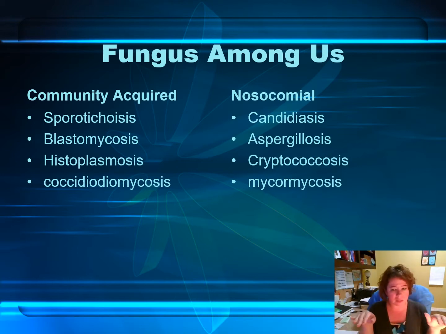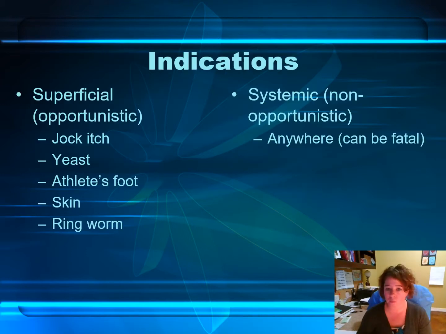If their immune system's intact, we're good. If their immune system's not intact, like in the case of a patient who's got cancer or HIV, then that fungus can become not only superficial, but it may become systemic. Our superficial ones are ones that you probably have heard about before: jock itch, yeast, athlete's foot, ringworm.